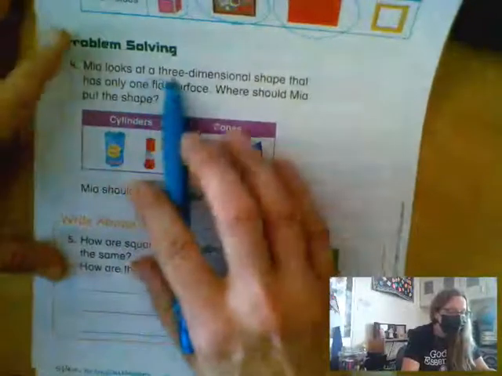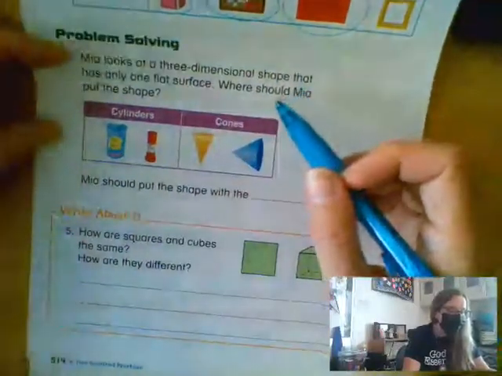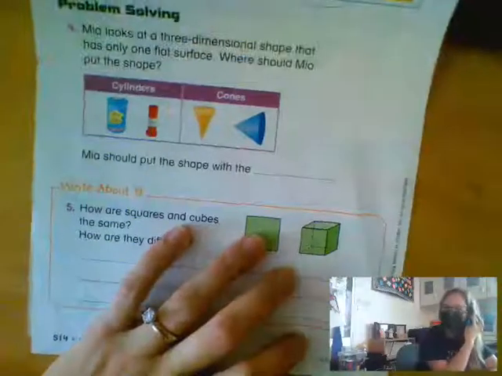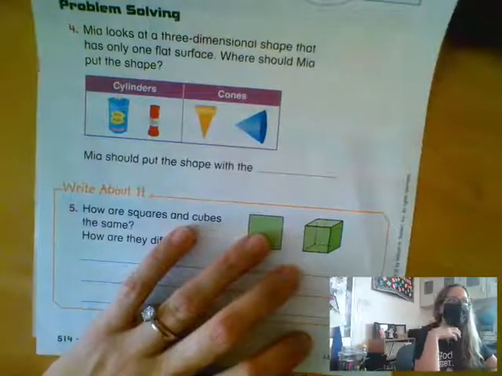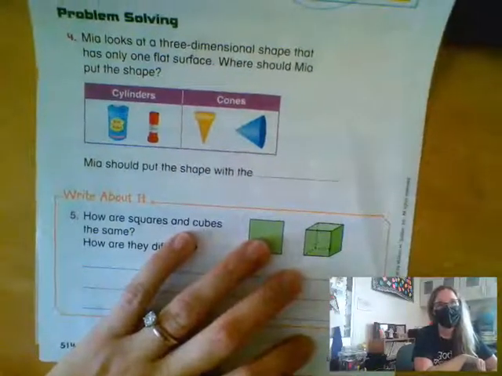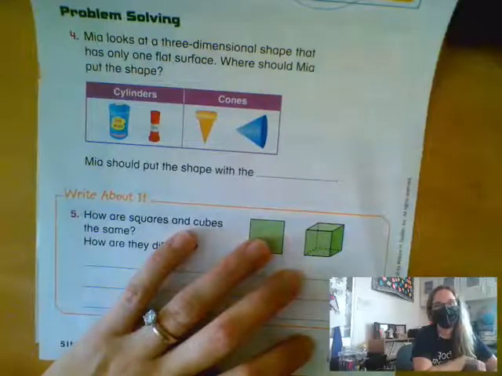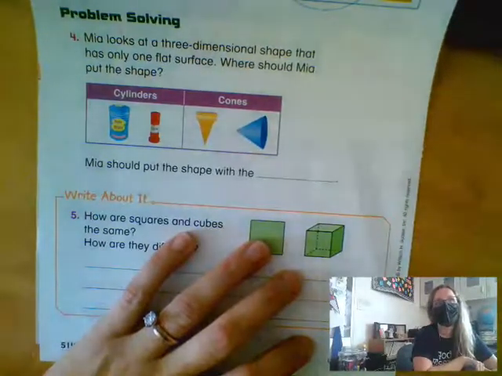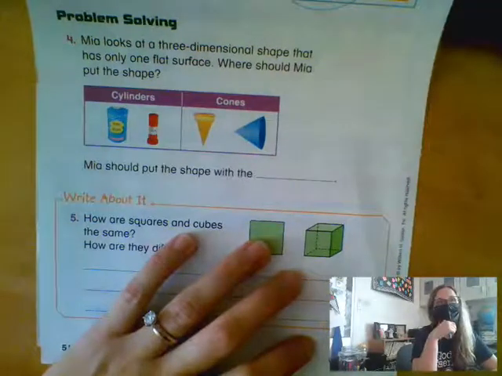Mia took a 3-dimensional shape that has only 1 flat surface. Where would she put it? A 3D shape with 1 flat surface. Which group should it go in? Chase? A 3D shape with only 1 flat surface.